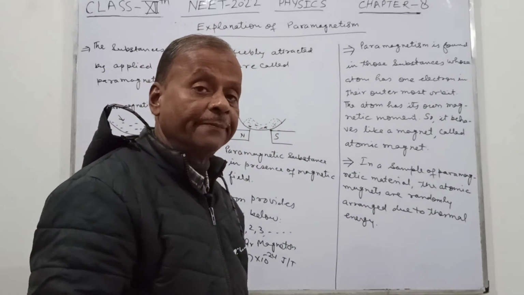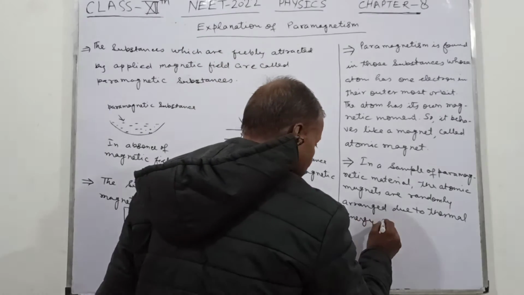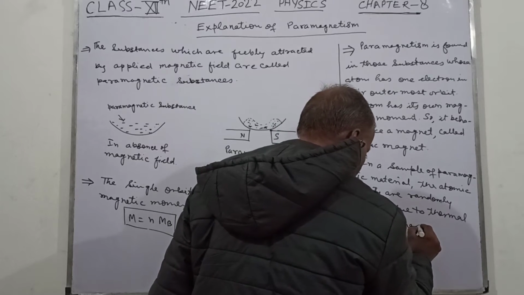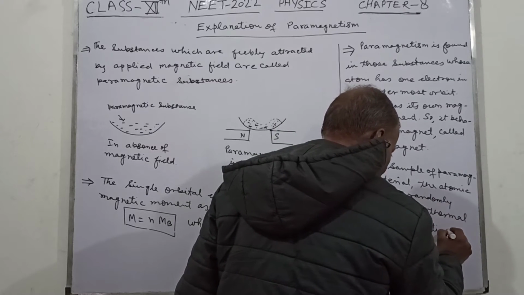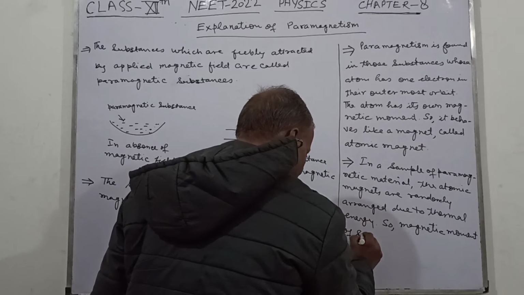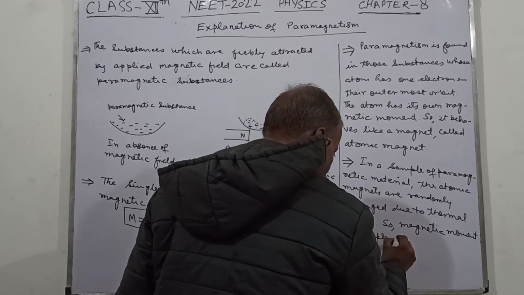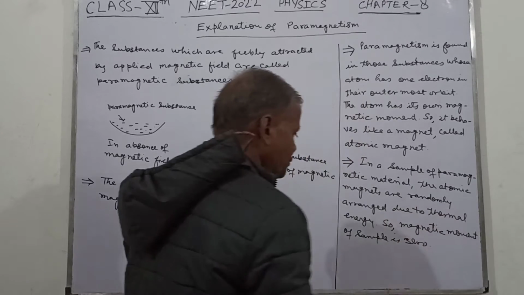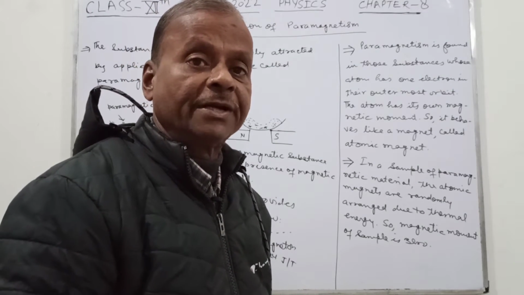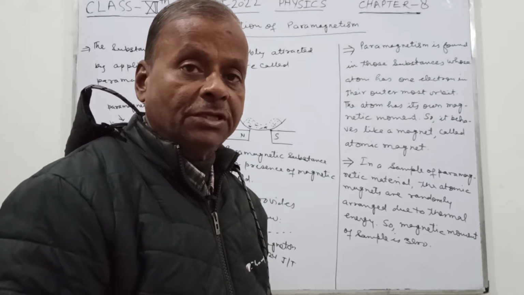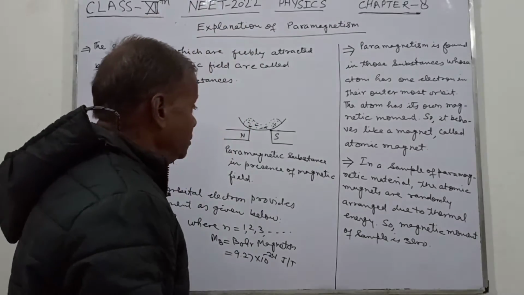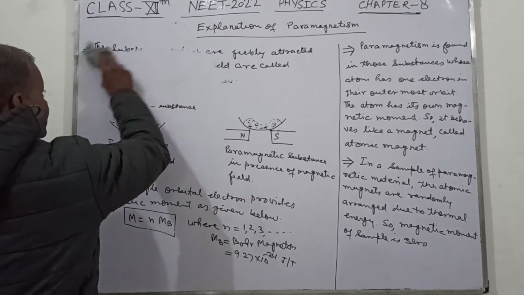So magnetic moment of the sample is equal to 0. Since in a sample there are a number of atomic magnets and these magnets are randomly arranged in such a way that the net magnetic moment of the sample is equal to 0.